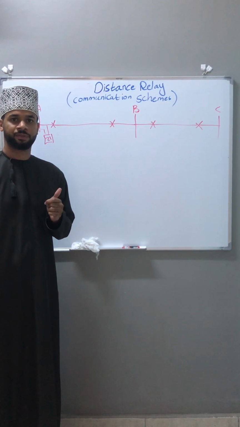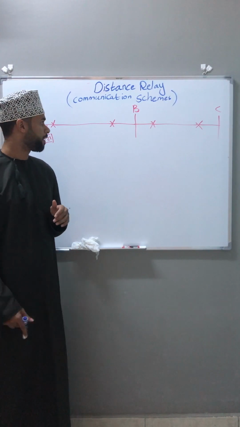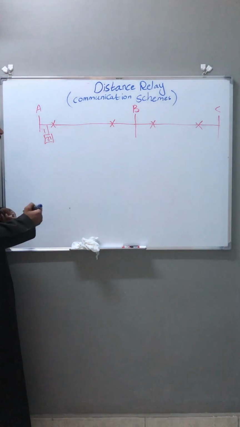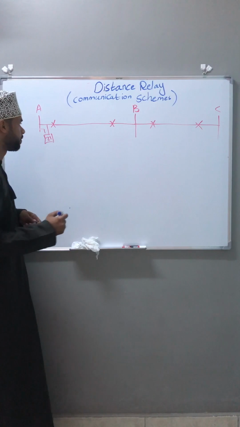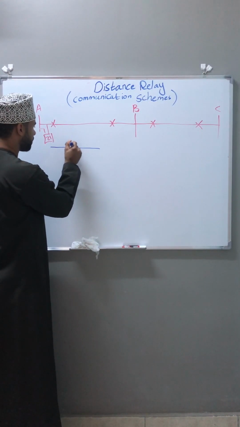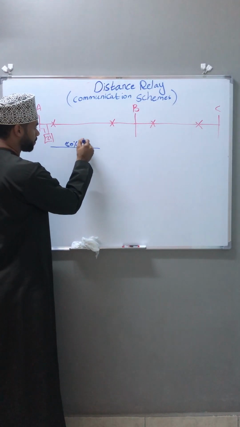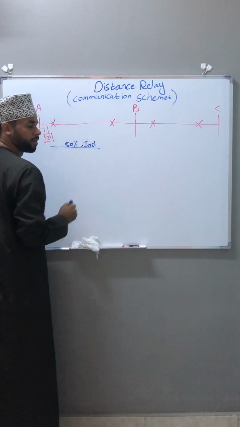In the previous video, I was explaining the distance relay zone settings, and we saw that the distance relay has 4 zones. Zone 1 covers almost 80% of my main line with instantaneous time delay, or 0 seconds.